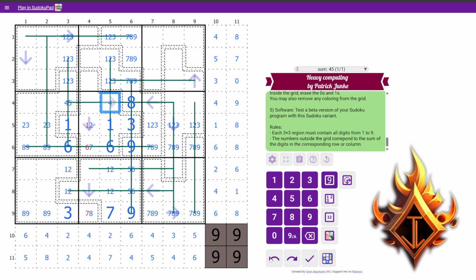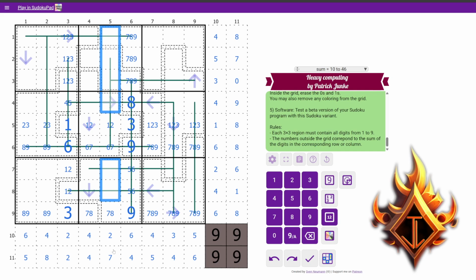Let me back up to that middle column, because I feel like if this is 1, 2, 3, we're at 6. This is 1, 2, we're at 9. If that was 4, which would be the smallest it could be, we're at 13.